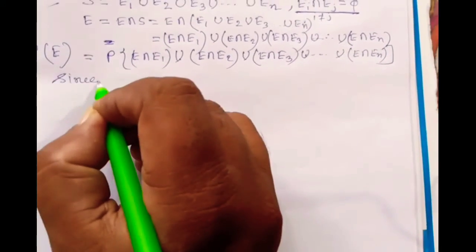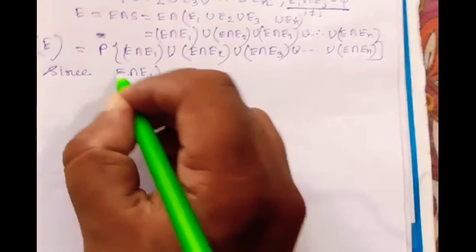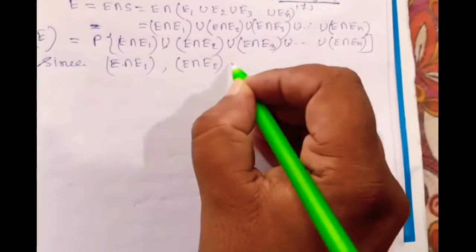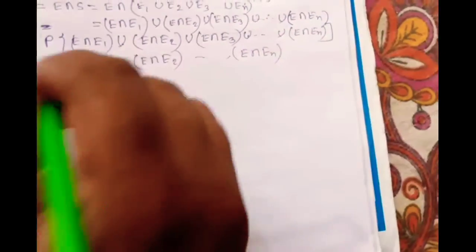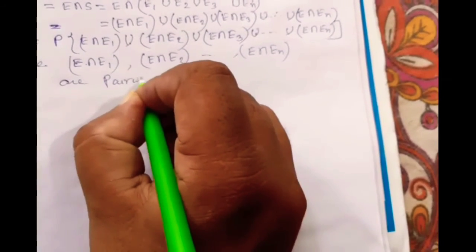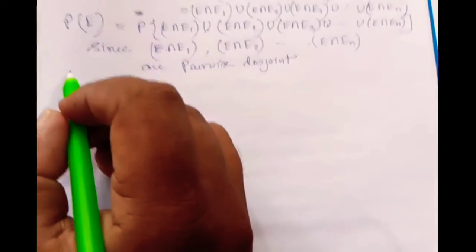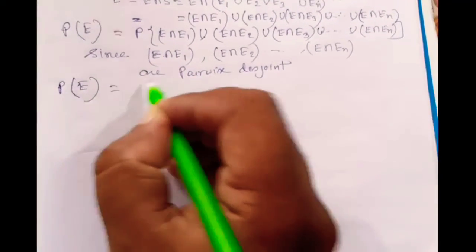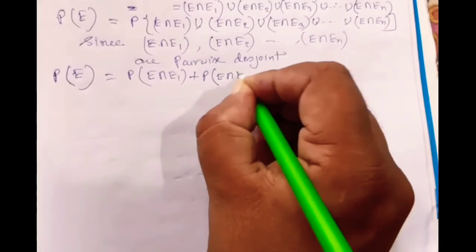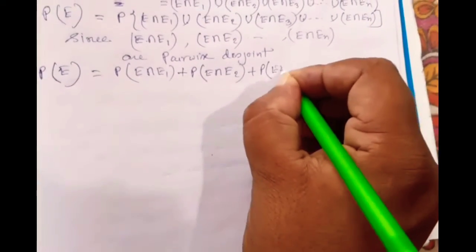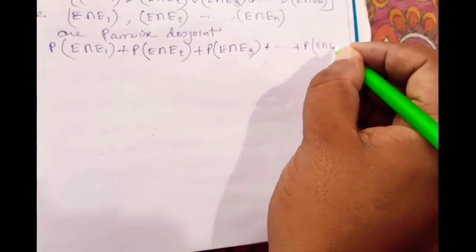Since E intersection E1, E intersection E2, ..., E intersection En are pairwise disjoint, we can write that P of E is equal to P of E intersection E1 plus P of E intersection E2 plus P of E intersection E3 plus ... plus P of E intersection En.